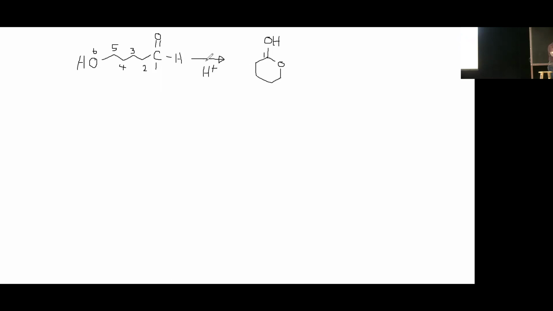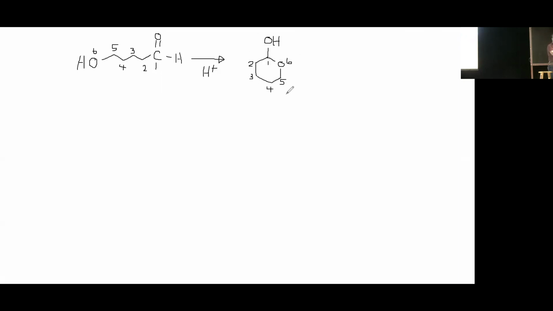So this just needs an acid catalyst. Since basically the alcohol is contained in the aldehyde or ketone molecule, you've got the alcohol in there already, and so all you need is an acid catalyst. And I think you'll find that you'll get a 6-membered ring out of this.